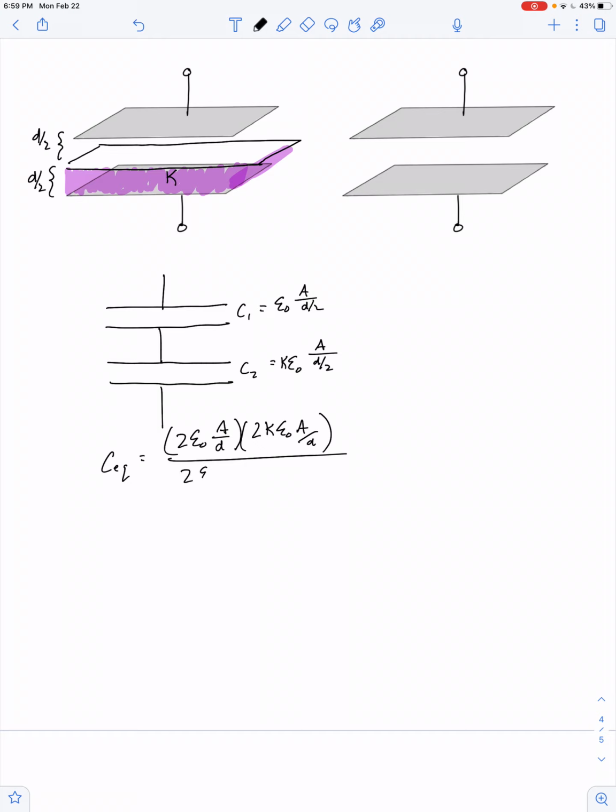And the denominator is 2 epsilon A over d plus 2 kappa epsilon A over d. Or in other words, 4 kappa epsilon squared A squared over d squared, all divided by 2 epsilon A over d times the quantity kappa plus 1.